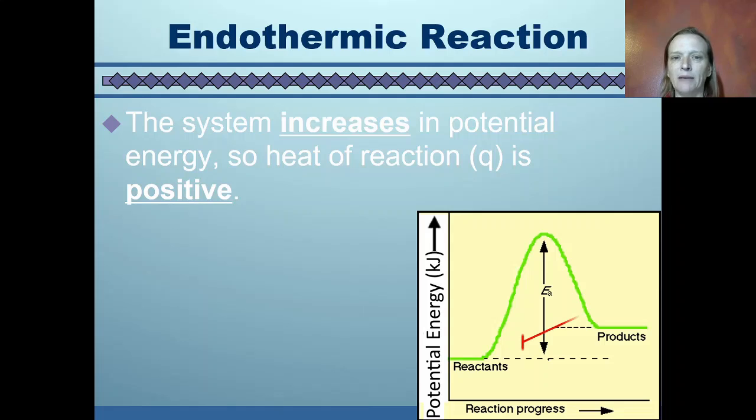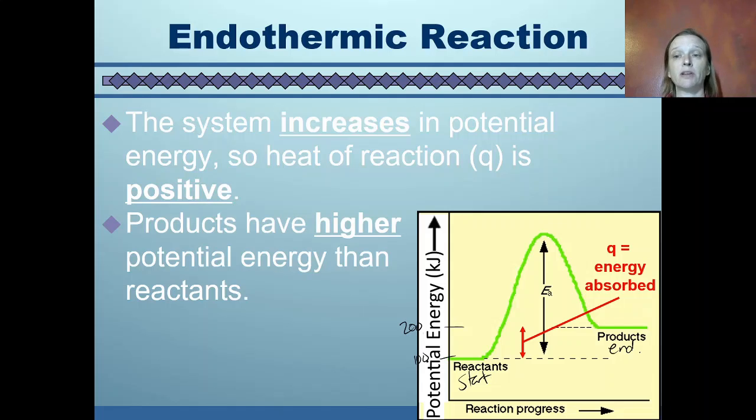What I mean by that is when we go from the reactants at the start of the reaction to the products at the end, going from start to end is an increase in potential energy. So this difference here, the energy absorbed by the system, is positive. It's a positive change. Like if this value is 100 and this value is 200, we went up by 100 kilojoules.